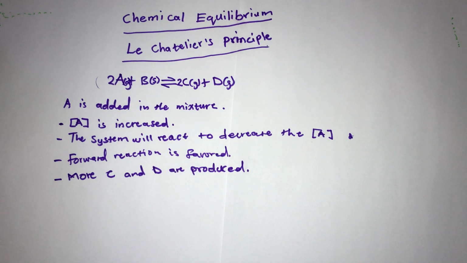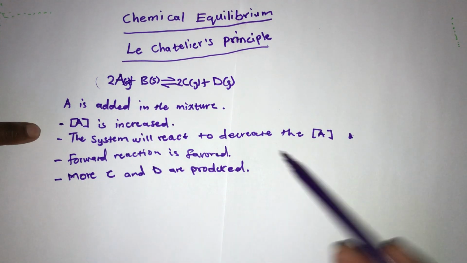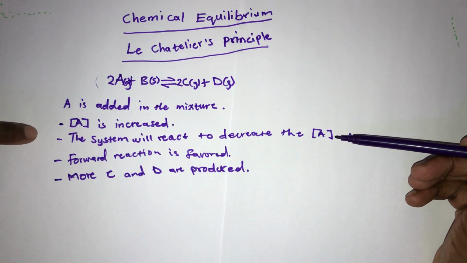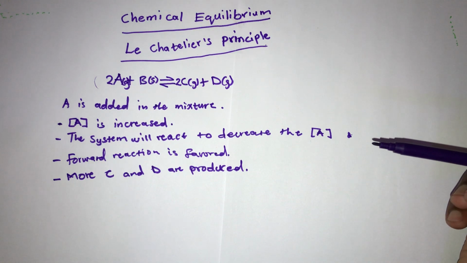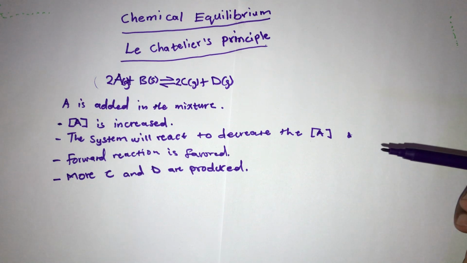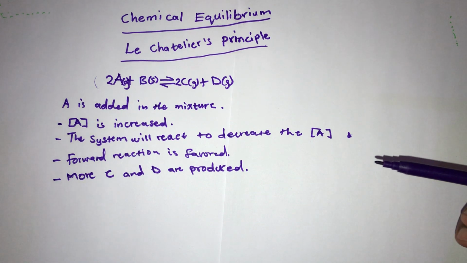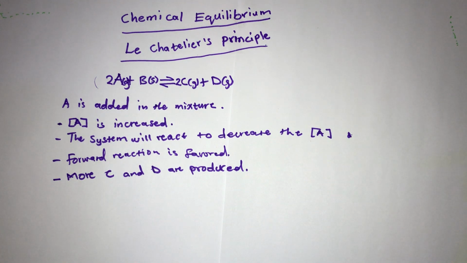So the first point: the system will react to decrease the concentration of A. Point number 2: since we're adding the reactants, the system is going to favor the product, so the forward direction will be favored. And the last point: more C and D are going to be produced. That's how we answer this question according to Le Chatelier's principle.